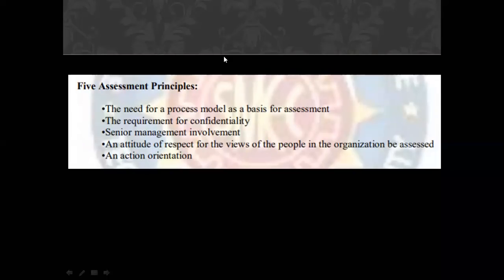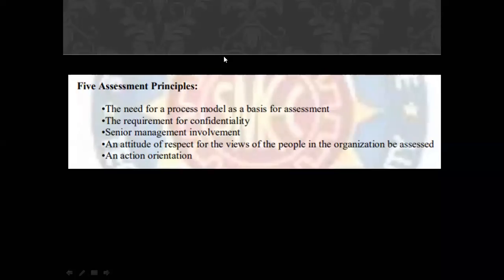So that manager involvement and the higher authorities' involvement is very much required. If out of assessment some recommendations are coming up, they have to make some plans, they have to make a separate team to take actions on those. So if that involvement will not be there, the people who are working under them, they will not take it seriously. That is the meaning of this.